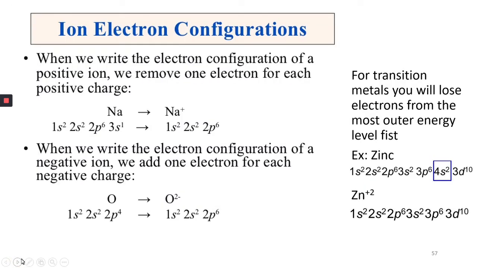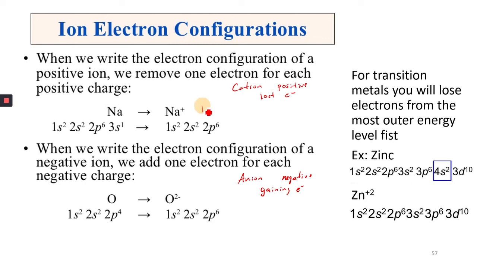What about ions? Now, ions, there are two types. You have your cation, which is positive because you lost or you're losing electrons. And then you have your anion, which is negative because you're gaining electrons. So here is sodium's ground state, and it has a +1.